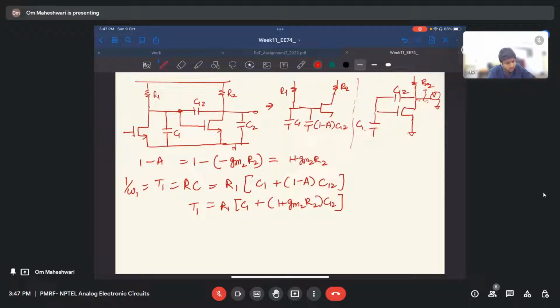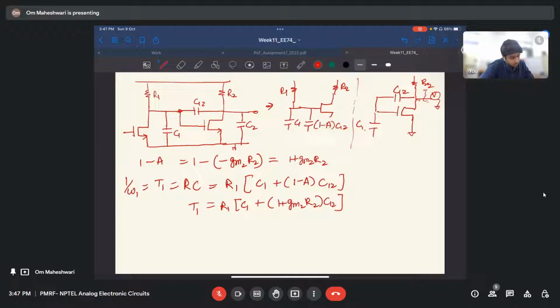The capacitance here is C2, and the pole is 1 by omega 2, which is RC. C is C2, but what is R here? We cannot directly say R2, because these two are short and will have some effect. So let us calculate the impedance here.